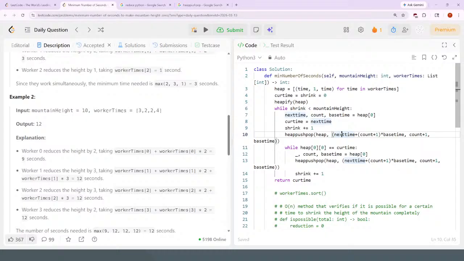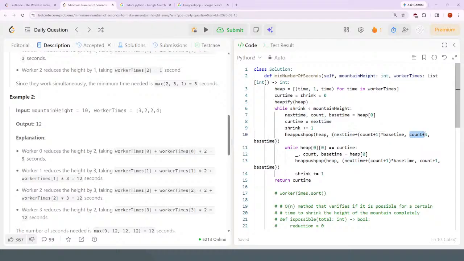So the math there is the current time, which is 2, plus 1 plus 1, the number of times that they've done reduction, times the base time of 2. Maybe this works better with 3. So the first time with base of 3 is 3. The next time would be 3 plus 6, which is 9. So 3 plus 2 times 3.